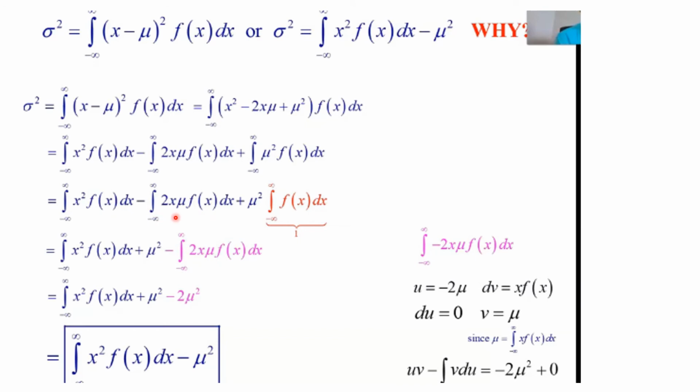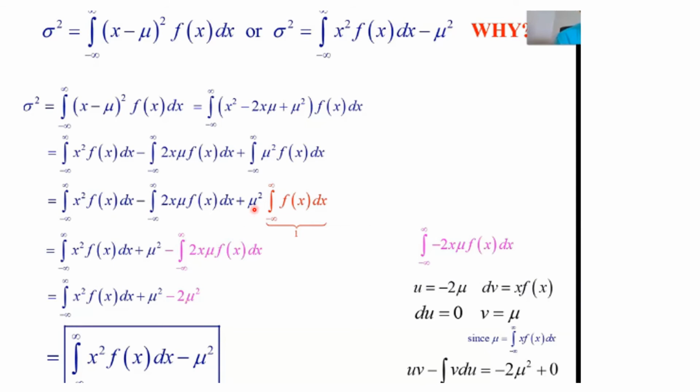One way, which is not the way I'm showing it here, is that 2 mu is a constant, and so you could pull out 2 mu in front, and then what you would have left is x f of x dx, which is going to be the mean, mu, so that is going to be minus 2 mu squared.